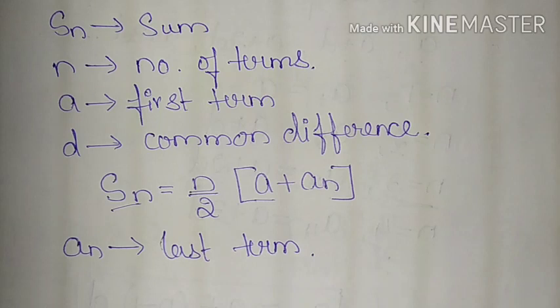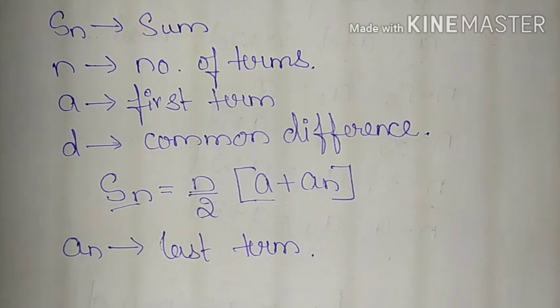For example, if I told you to find the sum of first 50 terms of an arithmetic progression, say 1, 2, 3, 4, then the last term of that arithmetic progression is obviously 50, and that we take to be an.